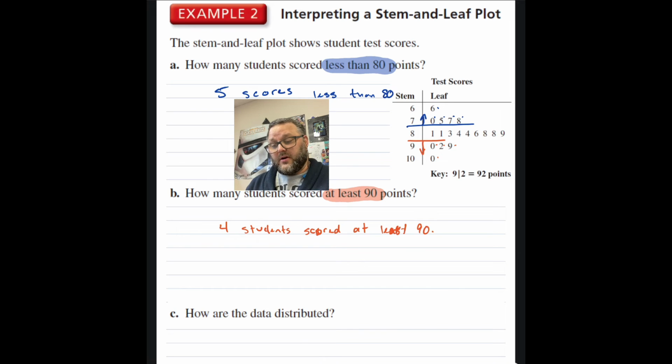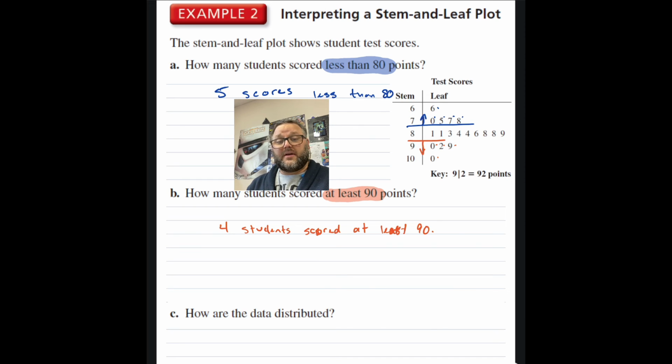Now, if we notice here, 8 has the most, and 8 is in the middle of all of our scores. Then 7 and 9 have about the same amount, and 6 and 10 have about the same amount. And they're also just as far from 8 as each other, the 6 and the 10, just like the 7 and the 9 were just as far from the 8 as each other.